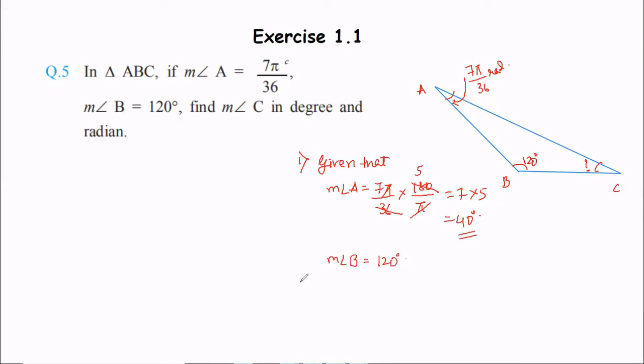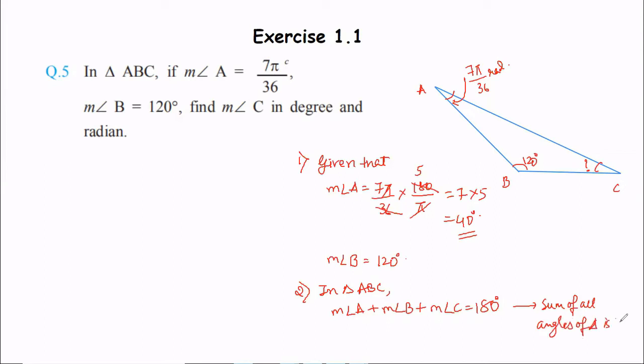Now second step, in triangle ABC, measure angle A plus measure angle B plus measure angle C will be equal to 180 degrees. The reason is the sum of all angles of any triangle is 180 degrees. Now we need to substitute these values.